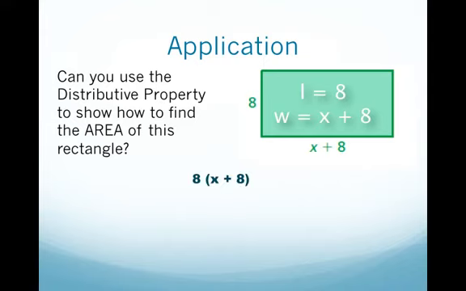And we can write the equation as length times width, which is 8 times x plus 8. And notice we put the x plus 8 in parentheses. We'll go ahead and distribute that 8 to both of the terms now. And we have 8 times x. And we have 8 times 8. If we simplify a little bit further, instead of 8 times x, we're going to rewrite that without the multiplication symbol. And 8 times 8 is 64.